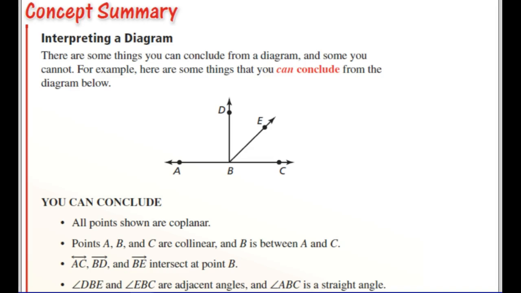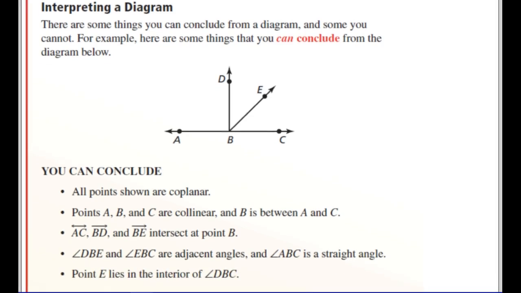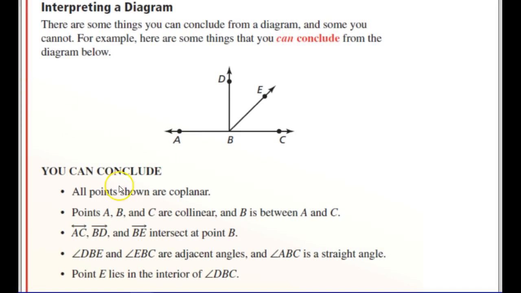A couple of things we need to understand when we're looking at these diagrams. There are some things I can say for sure, and some things I cannot conclude. We can just assume them, but we're not going to, because that will get us into trouble later on. What I can assume is that all of these points are on the same plane, and that these 2 do form a line.